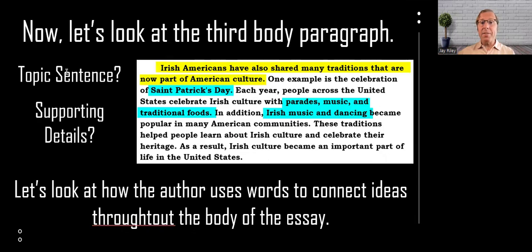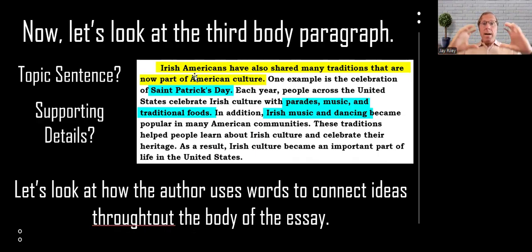Now, let's take a look at that third body paragraph. I can see here that it says Irish Americans have also shared many traditions that are now part of American culture. Again, that's the first sentence, and it tells me the big idea right away. I think this is really easy for students because they almost get the feeling that they're treating this essay like a Rubik's Cube.